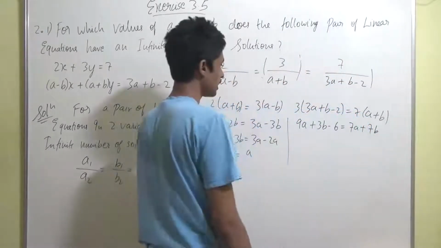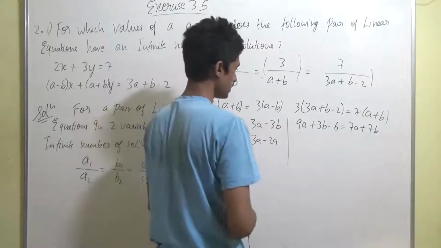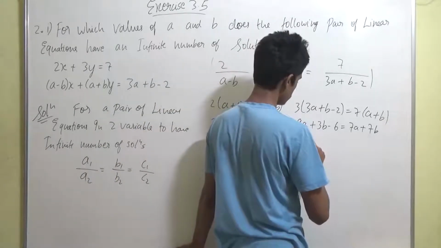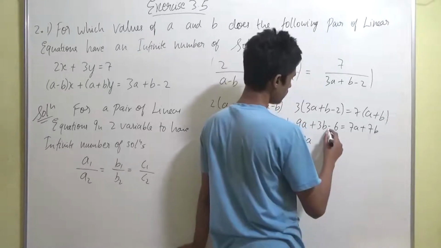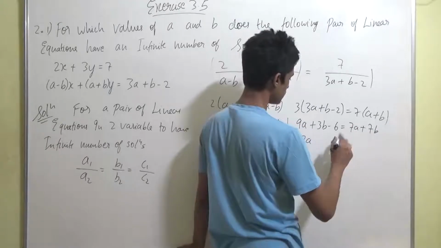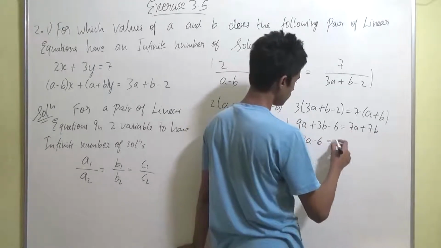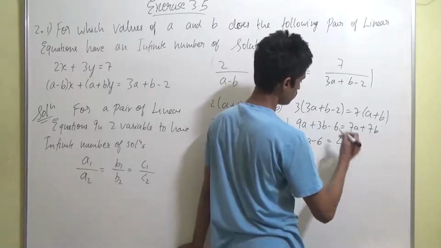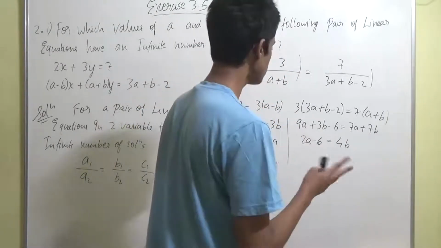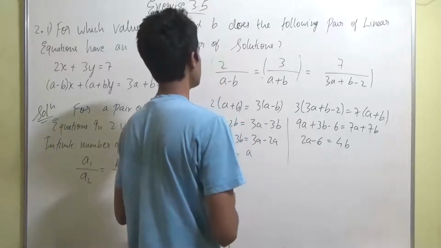Now let's bring all the a terms one side and let's keep all the b terms one side. That time it will become 9a minus 7a, it becomes 2a. And then let's take 3b that side. 7b minus 3b is going to become 4b that side. Let 6b here only, equal to 4b. Done. Now we got these two equations. With these two equations, I think we can find the value of a and b.